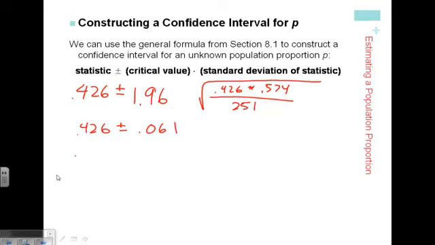You get 0.365, and then we put a comma there. What happens when you add the margin of error to 0.426? 0.487. So there are two ways to present the confidence interval: point estimate plus or minus the margin of error, or the actual lower bound and the actual upper bound.